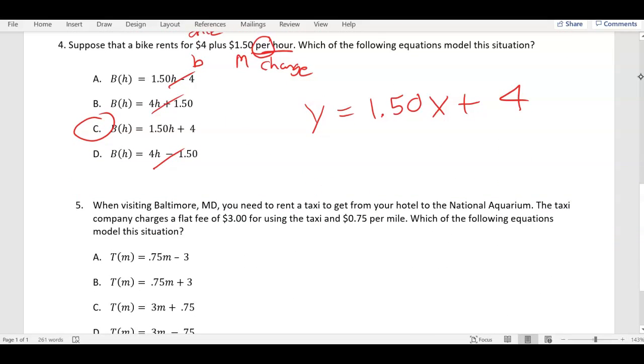Number 5: when visiting Baltimore, Maryland, you need to rent a taxi to get you from your hotel to the National Aquarium. The taxi company charges a flat fee, that sounds like it happens once, of $3, and then you pay 75 cents per mile. That's the changing amount, that's your keyword for slope. And if it happens once, that's your keyword for y-intercept.